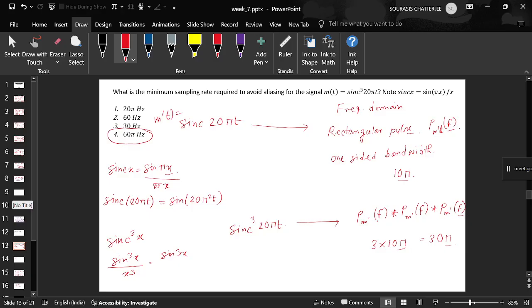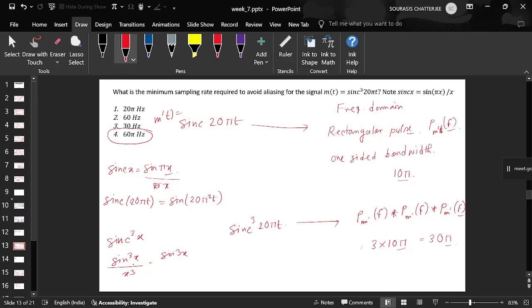We can see that convolution increases the bandwidth in an additive manner, and each one of them has a one-sided bandwidth of 10 pi. So if you convolve two times with itself, the bandwidth expands to 3 times 10 pi. That is your one-sided bandwidth for the equivalent frequency domain representation, which is going to be 30 pi.